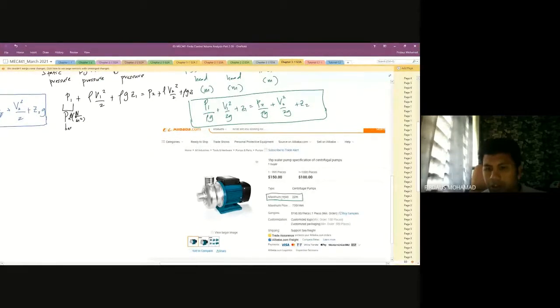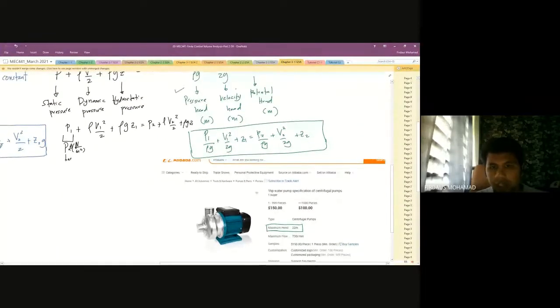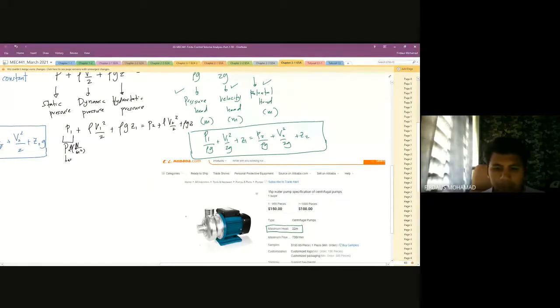Okay, so this maximum head basically it is calculated based on the pressure head, velocity head dengan potential head. Okay, so kalau you buat total head untuk semua pressure, velocity, potential less than 22 meter, kita boleh gunalah pump ni.